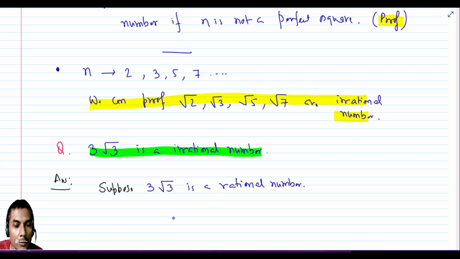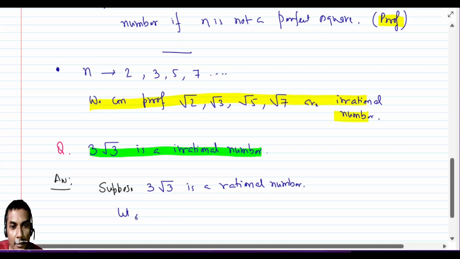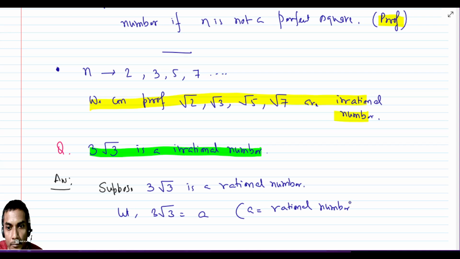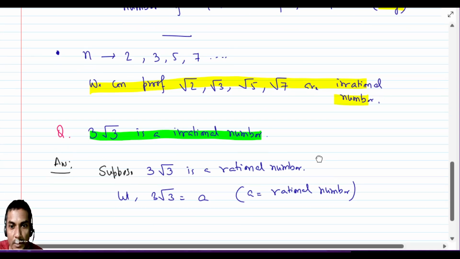So we can set, let 3 root 3 be equal to a, equal to a rational number. Clear? So a can be represented in p by q form.